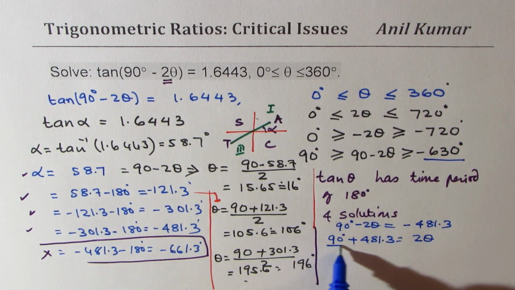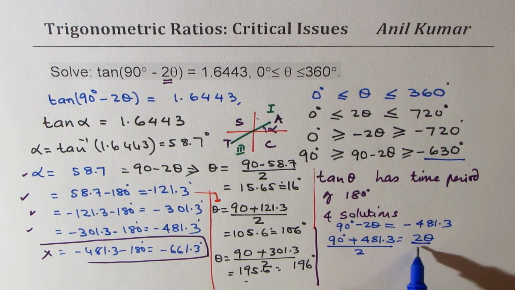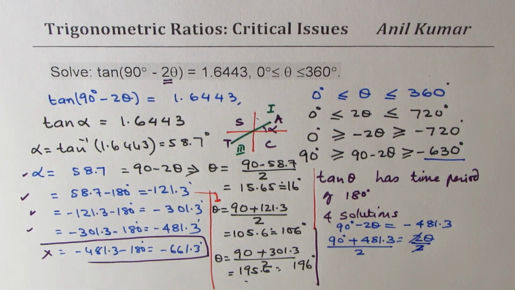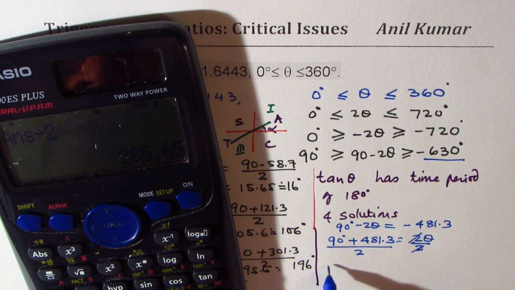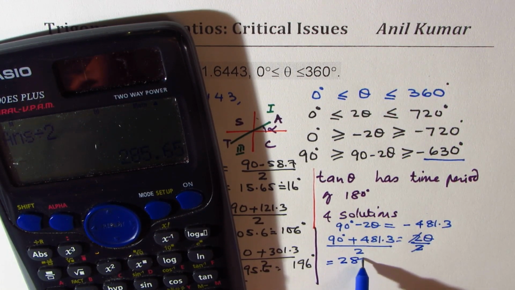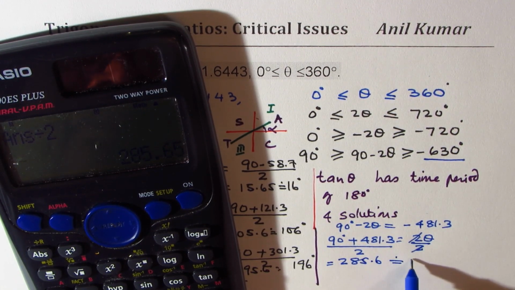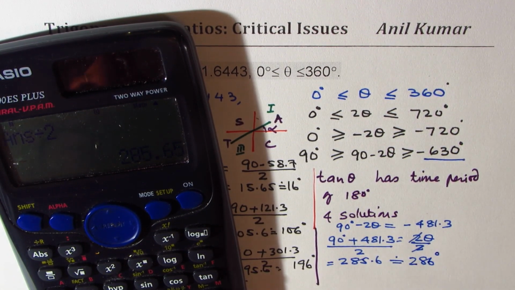To get the value of theta, we'll divide by 2 on both sides. Correct? So we get theta. That is how we are doing all these calculations. So let's calculate this answer. 90 plus 481.3, divided by 2, and now we are going to round this: 285.6, rounded to 286 degrees.